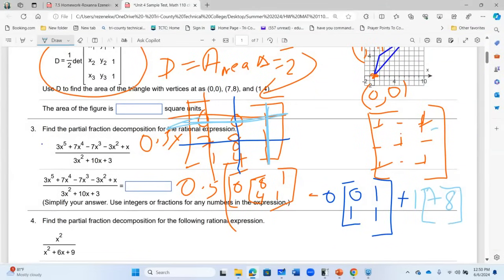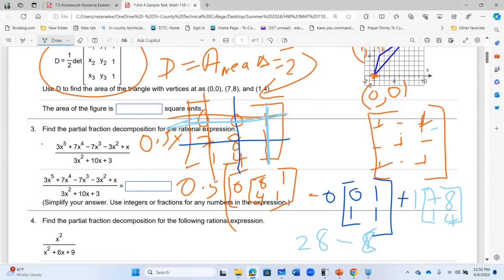It's going to be 7 times 4, 28, minus 1 times 8 is 8. So I have 20.